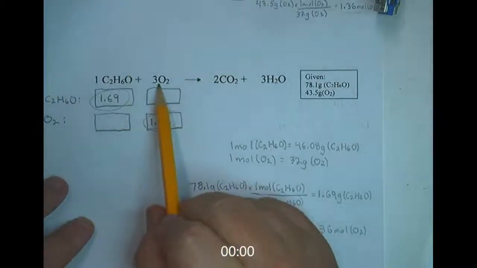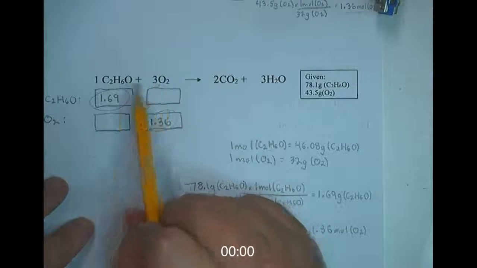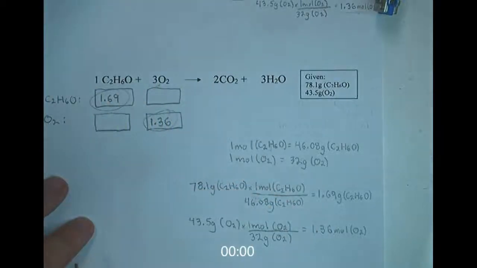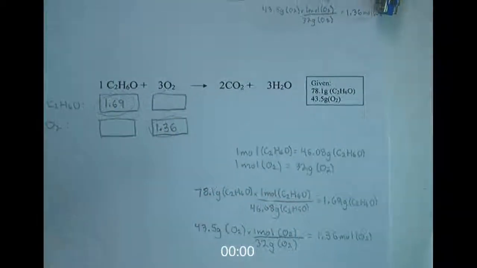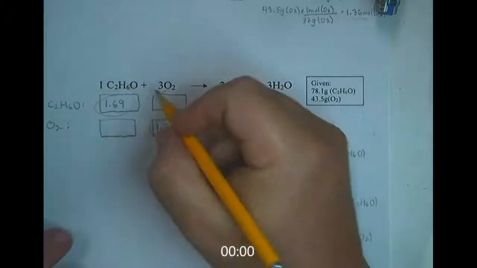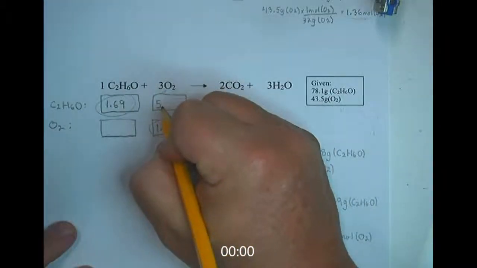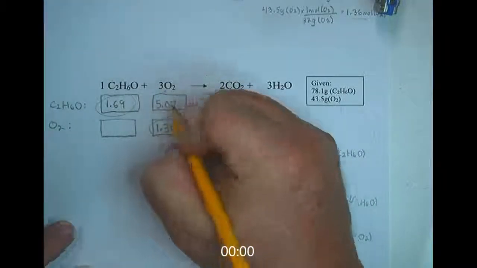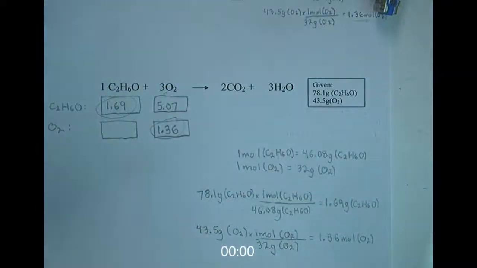Well, we need 3 times as many moles of oxygen as we have moles of ethanol if we want to react it completely. So we do just a little multiplication, and that's going to be 5.07. Let me check that. I want to do things in my head here.